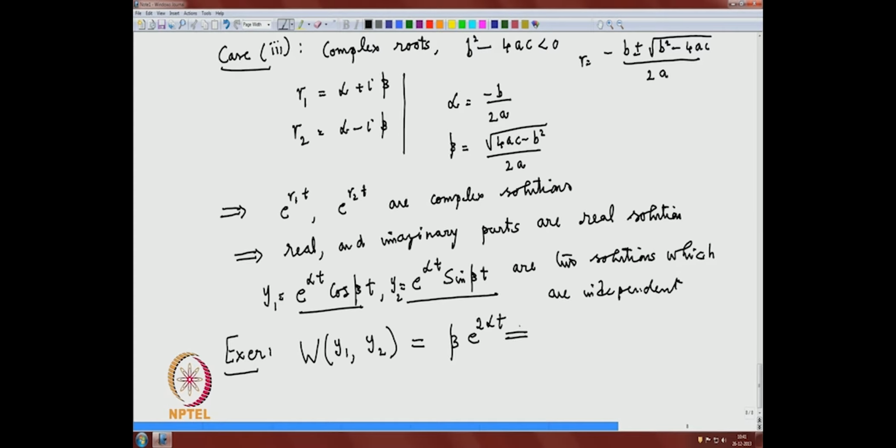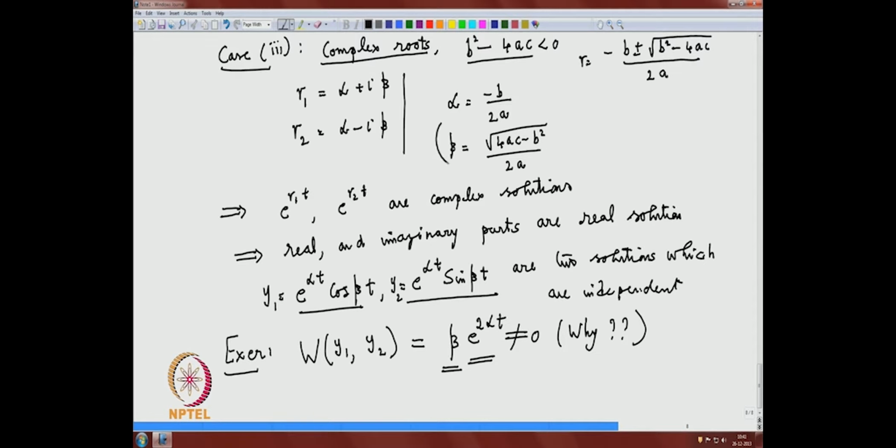This is not equal to 0. Why? That is easy, because the exponential is non-zero, and beta is non-zero, since we are in the situation of complex roots, where b squared minus 4ac is negative.